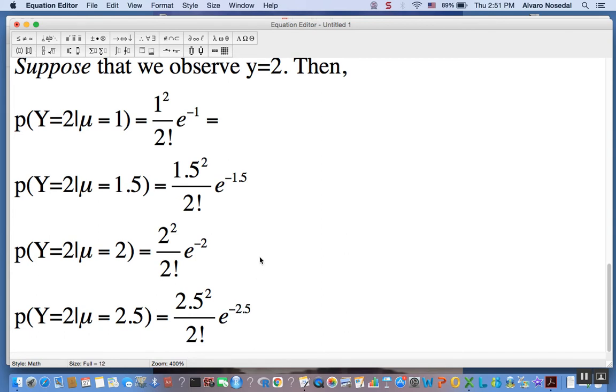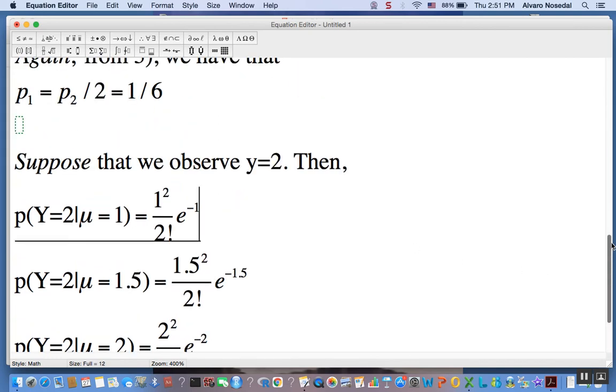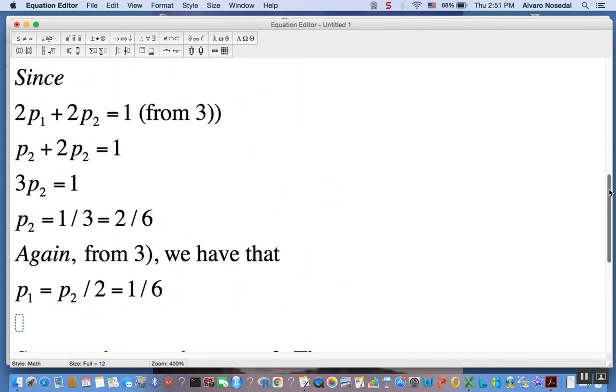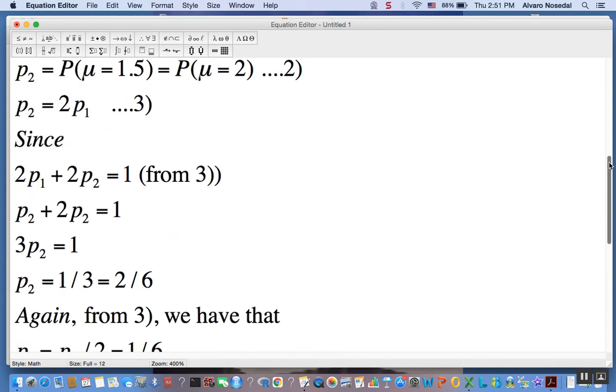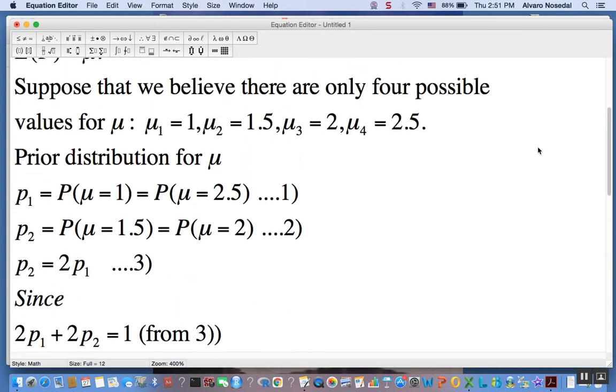Okay, so now for each of our possible values, mu1, mu2, mu3, and mu4, we have a likelihood, right? And for each of them, we have a prior probability, right? Recall that there's an easy way of computing the posterior using a table.